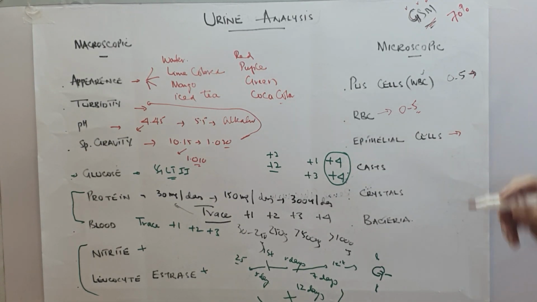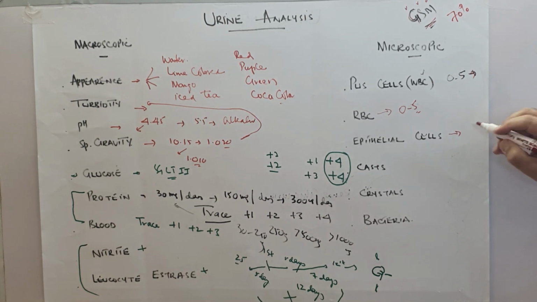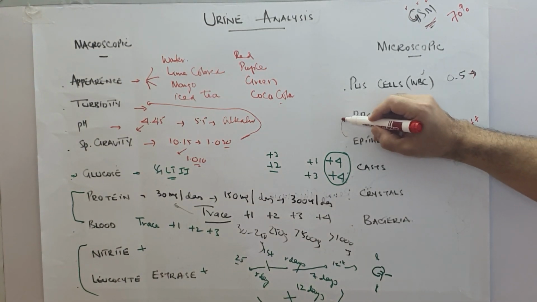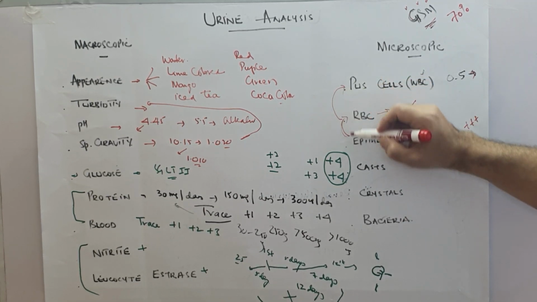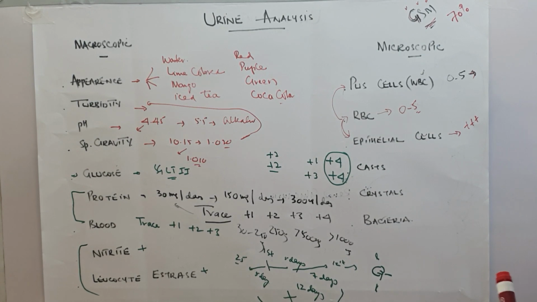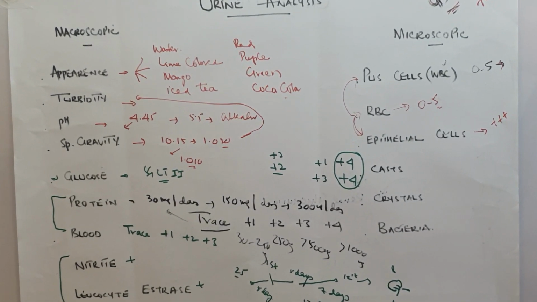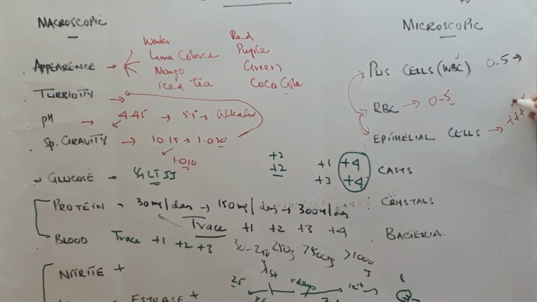Epithelial cells are fairly common. Men have more epithelial cells in the urine compared to females. The cause is not known. But if you've got significant epithelial cells in the urine, then this is likely to be because of a urine infection. So always match that with RBCs and pus cells, because if there is infection or inflammation, the epithelial cells will be shed from the lining of the urinary tract, and so therefore you'll get more.